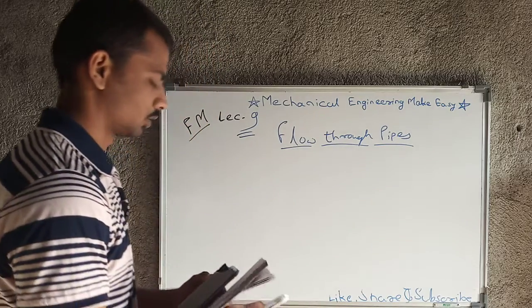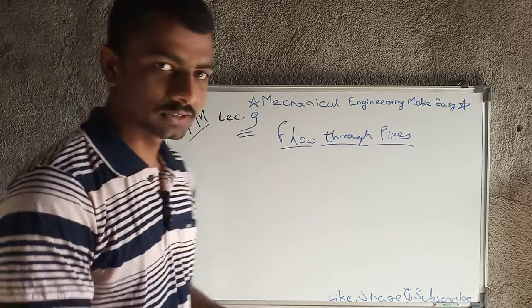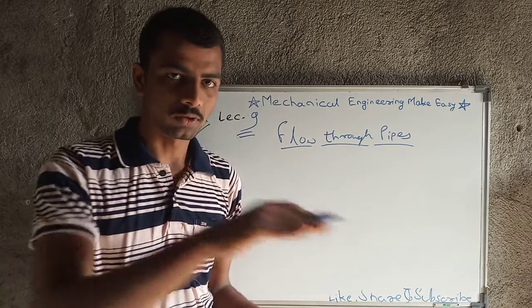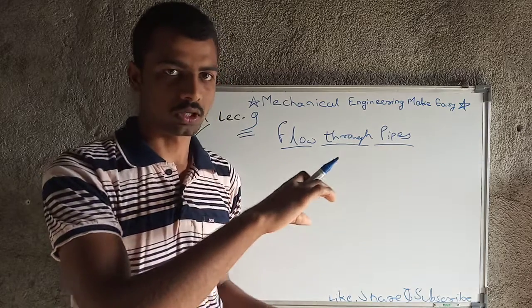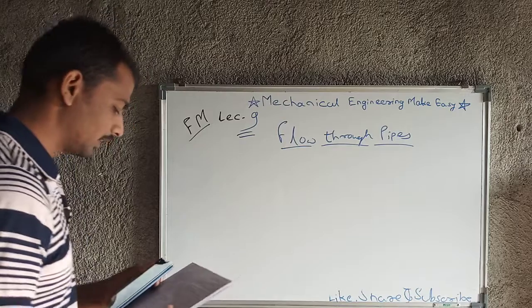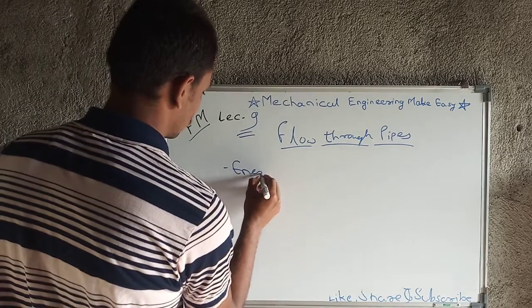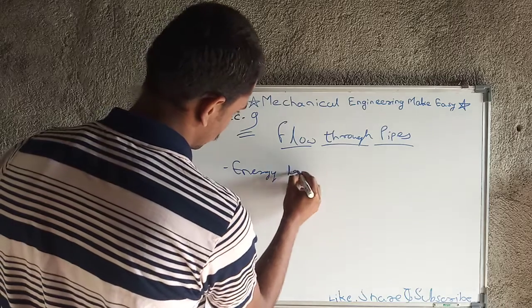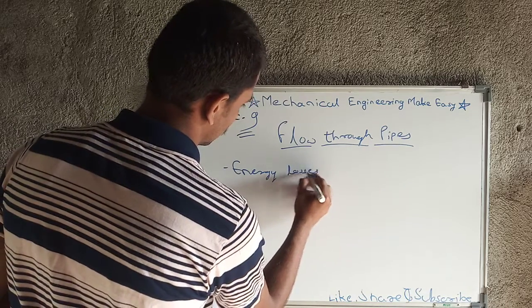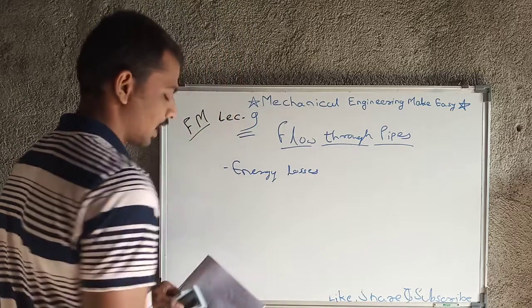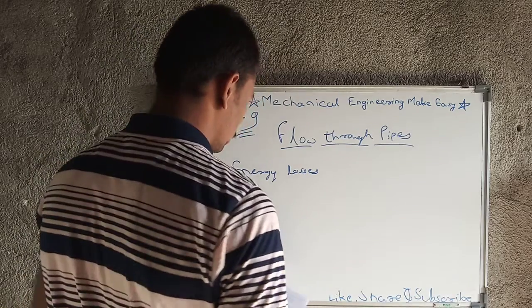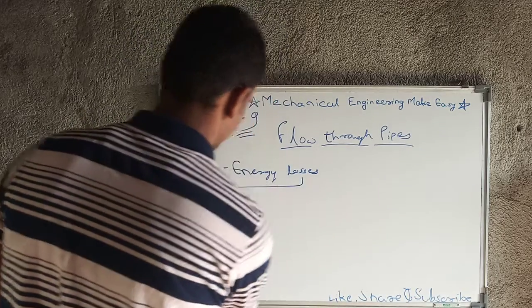Flow through pipe means flow is passing through that pipe. In that case energy losses take place, and those losses have majorly two types.